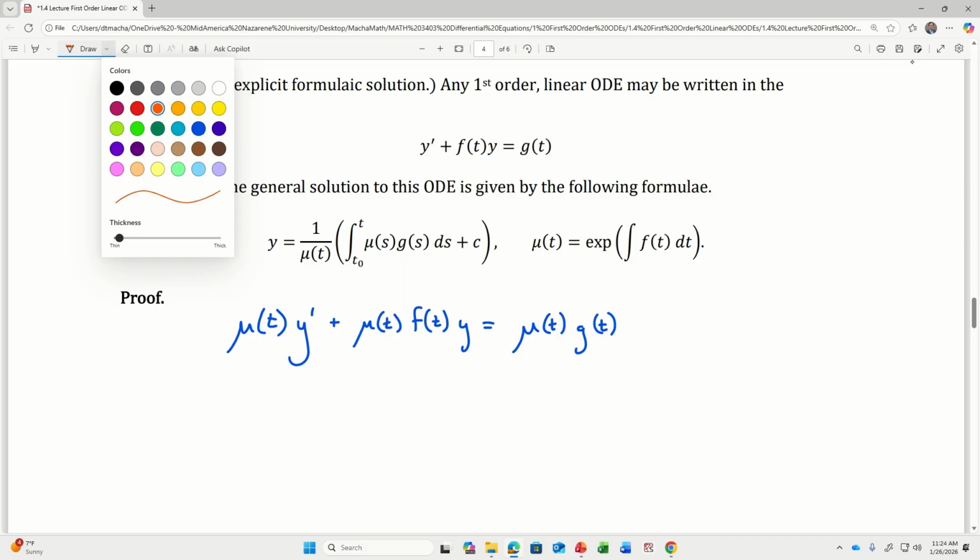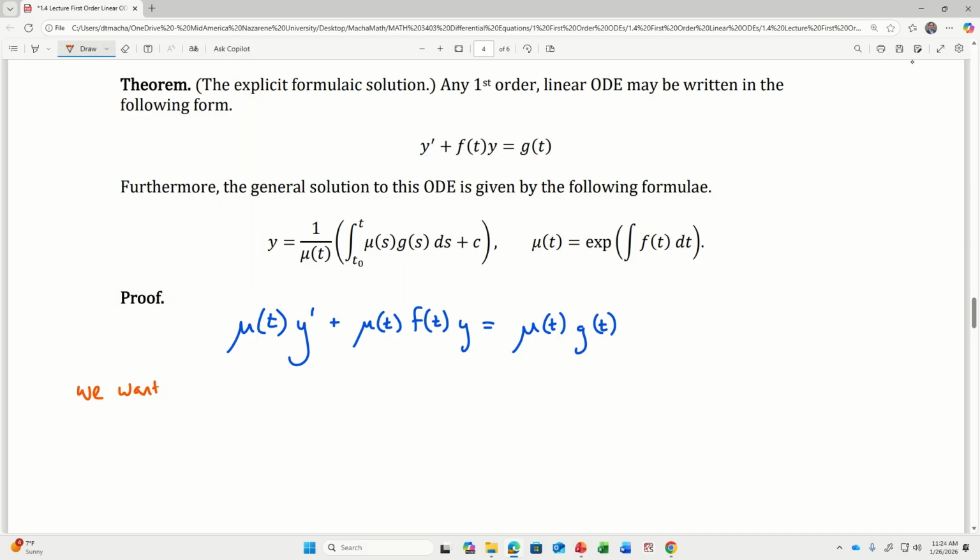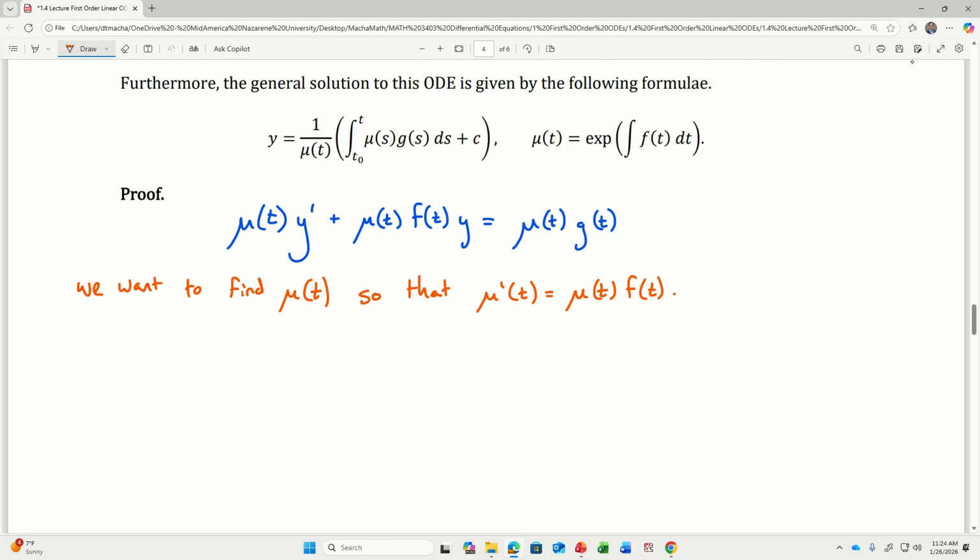And we want to find mu of t so that mu prime of t is equal to mu of t times f of t. So if I divide both sides by mu, I get 1 over mu d mu dt is equal to f of t.